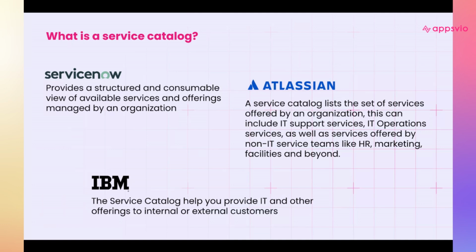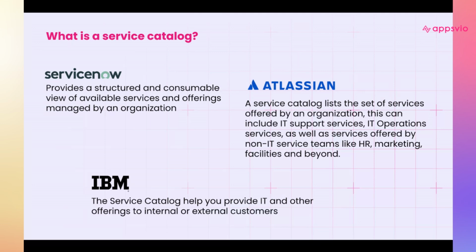They also mention that services can be offered by non-technical teams like marketing. So they are all very similar to each other. I could summarize this and define the service catalog as a list of all services that an organization offers to its users.